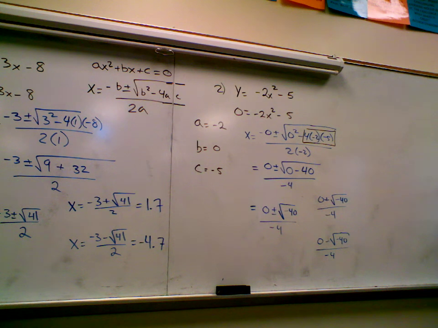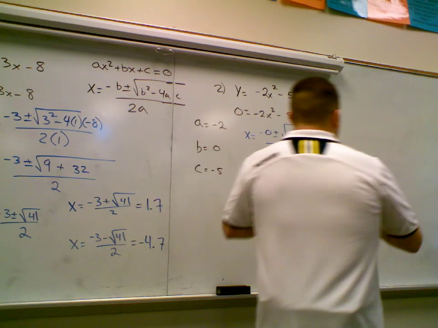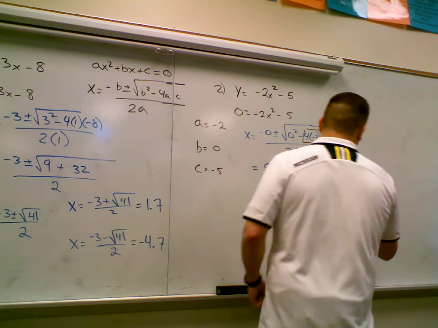So when I do that top one, 0 plus the square root of negative 40, what do I get? We can't do it! It says error, right? Because you cannot take the square root of a negative.